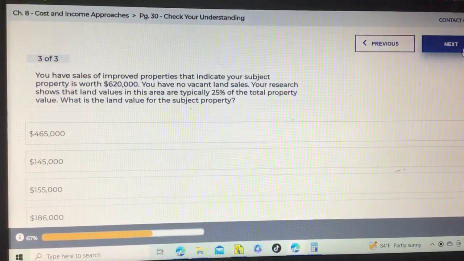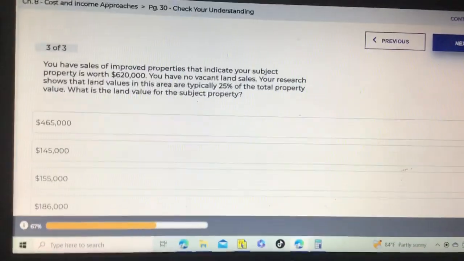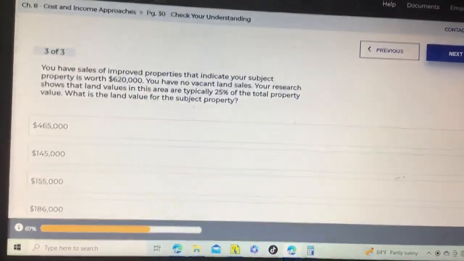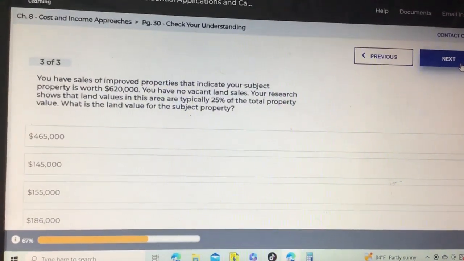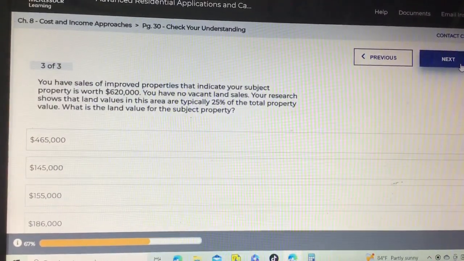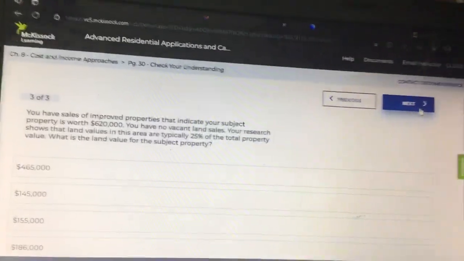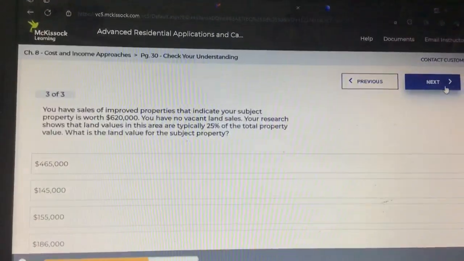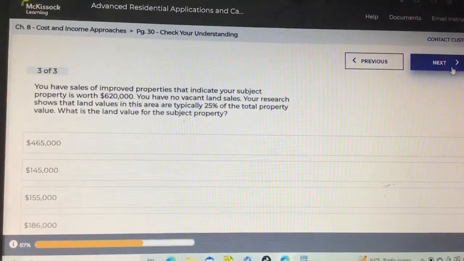What is the land value for the subject property? A, $465,000, B, $145,000, C, $155,000, or D, $186,000. So we are looking for the land value of the subject property.